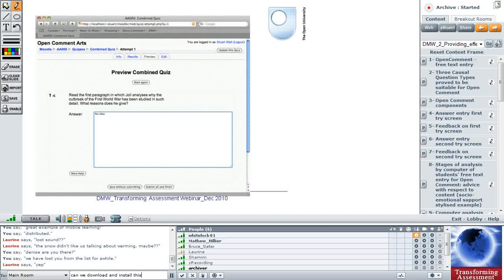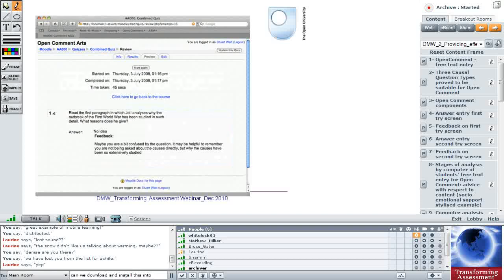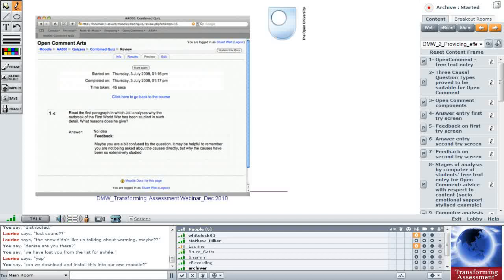And here I've actually put in, I've got no idea. And if we move to the feedback on the first screen, you can see that the system comes back with, maybe you're a bit confused by the question, it might be helpful to remember you're not being asked about the causes directly, but why the causes have been so extensively studied.